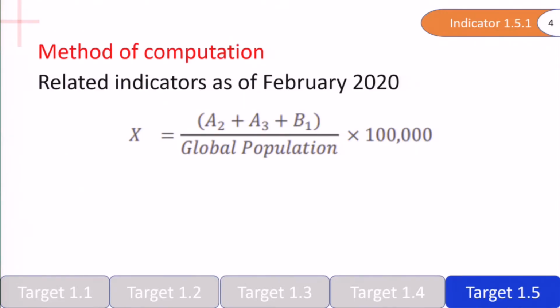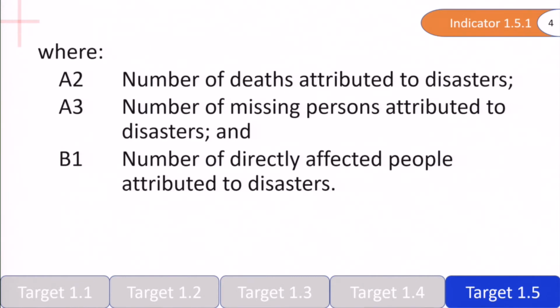The calculation formula is also given, which is the number of people who have died, maybe through A1 through some means, A2 through some means. So, you take the composite value divided by the global population into 100,000.